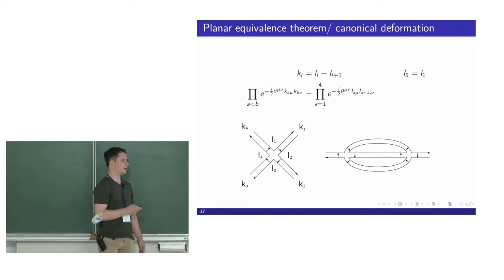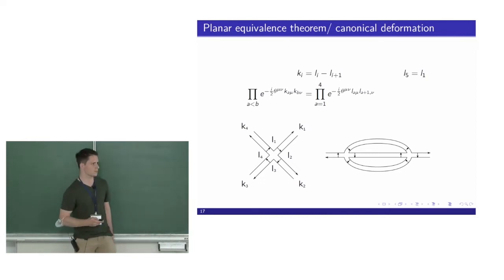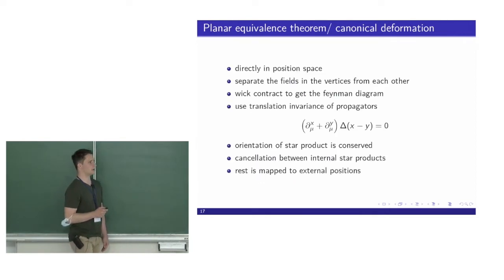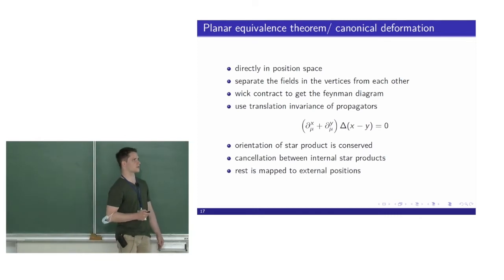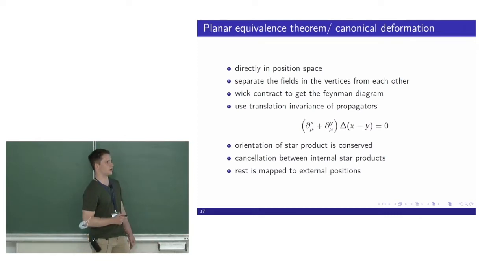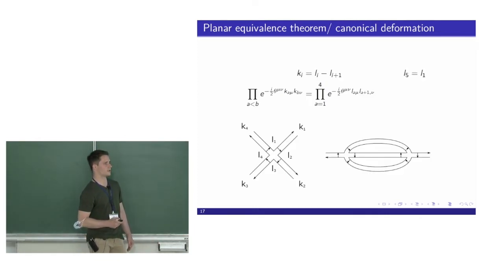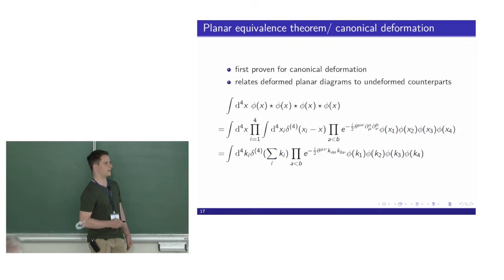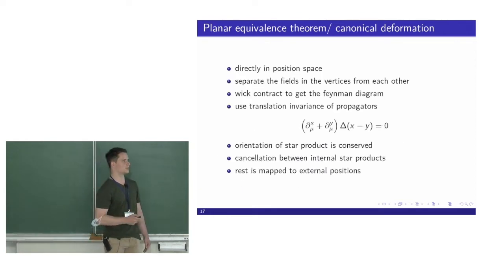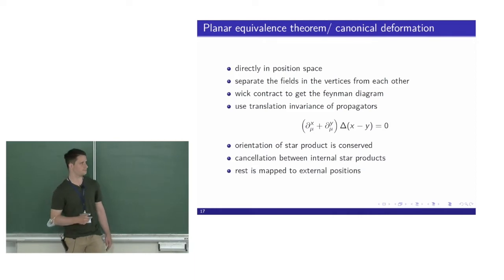Okay. In n equals 4 super Yang-Mills, we are more interested in Feynman diagrams directly in position space. But we can do a similar proof also in position space. We first again separate the fields in the vertices from each other, like we did here, but then we directly Wick contract to get to the Feynman diagrams.